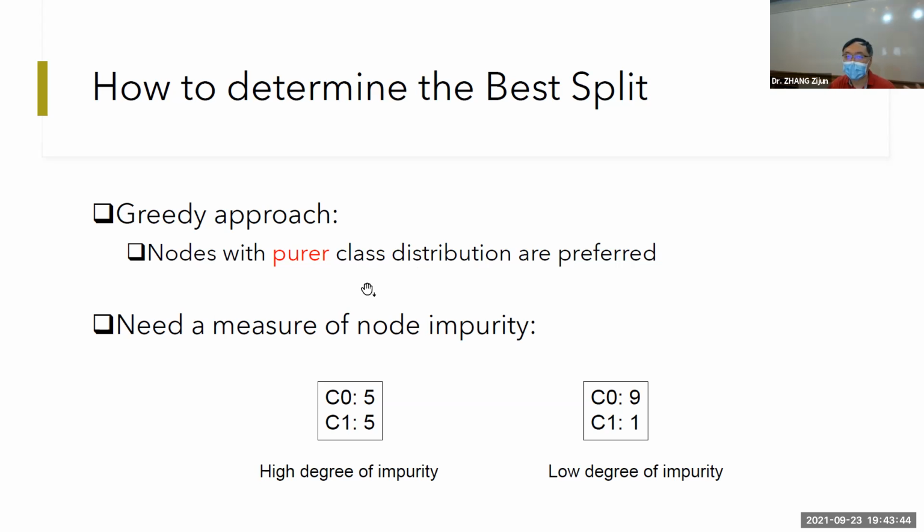But we don't want to just count by eye or by hand. So we need a measure of the node impurity every time, and this measure can be a reference for the algorithm in growing a tree.